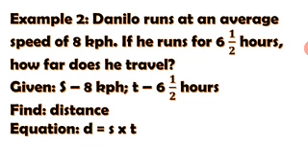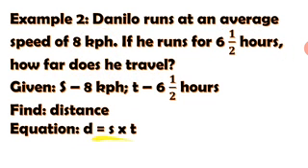Next, Danilo runs at an average speed of 8 kilometers per hour. If he runs for 6.5 hours, how far does he travel? So the missing here is distance, since the question is how far does he travel. We have 8 kilometers per hour as the speed and 6.5 hours for the time.